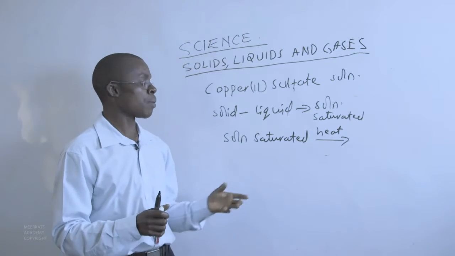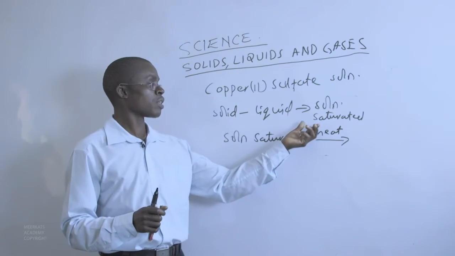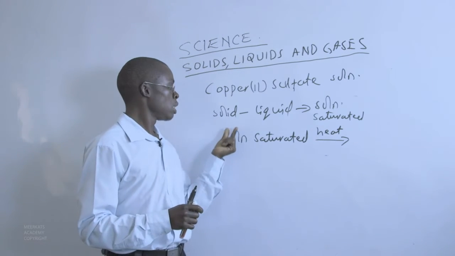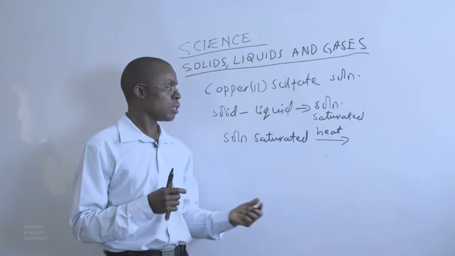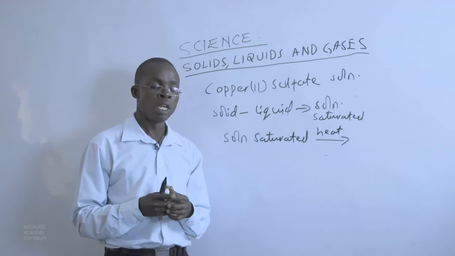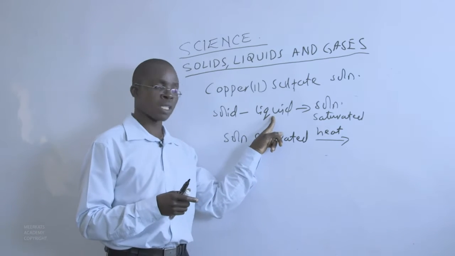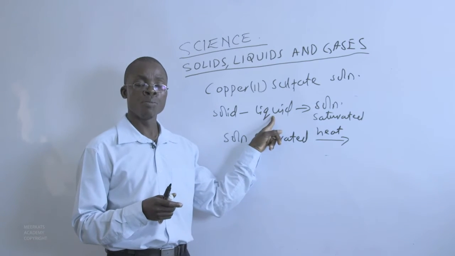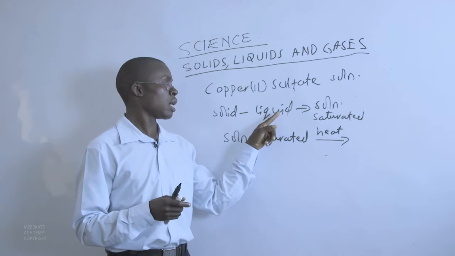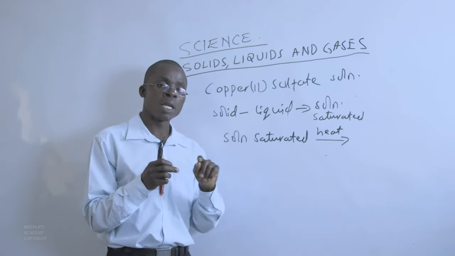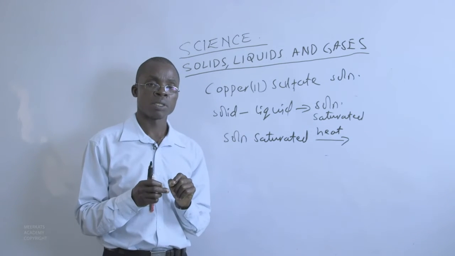So the same is applied here. When you have a saturated solution, having these solid and liquid particles together, and you add in more heat energy, you make these liquid particles more mobile. And as they are more mobile, they create more spaces.